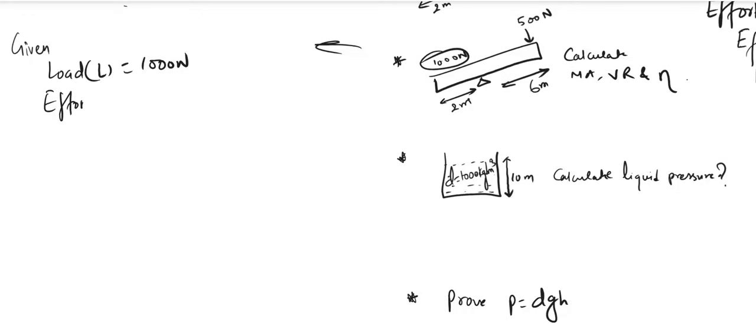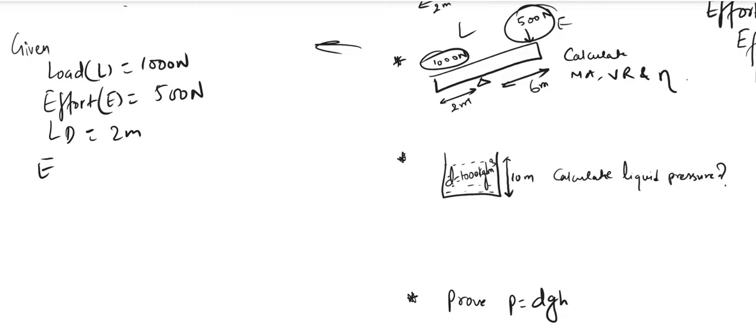Effort is also given. Effort is 500 Newton. This one is effort, this is load, and the distance from load to fulcrum, load distance, is equal to 2 meter. Effort distance is equal to 6 meter. And what is asking? MA is equal to what? VR is equal to what? And efficiency is equal to what?